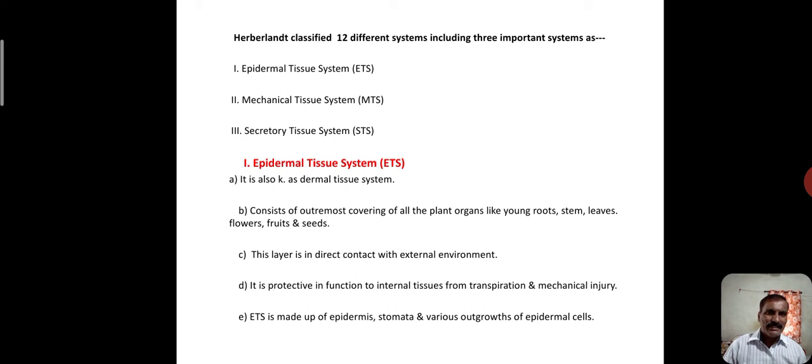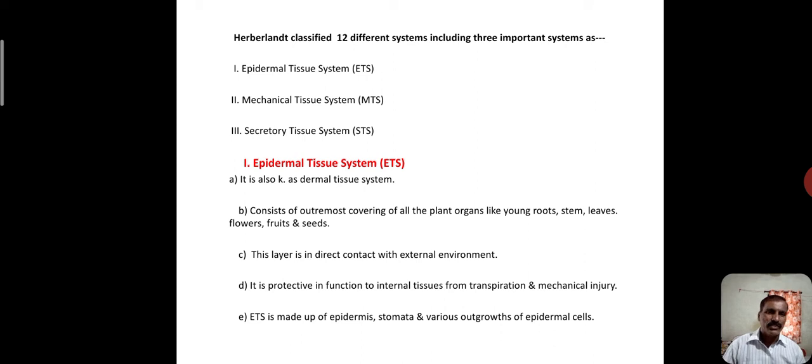This layer is in direct contact with the external environment. It is protective in function to the internal tissue and protects from transpiration and mechanical injury.